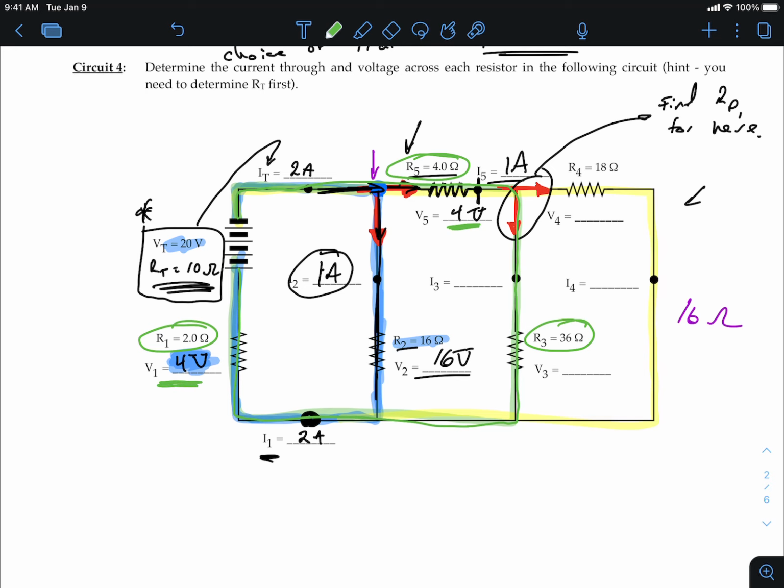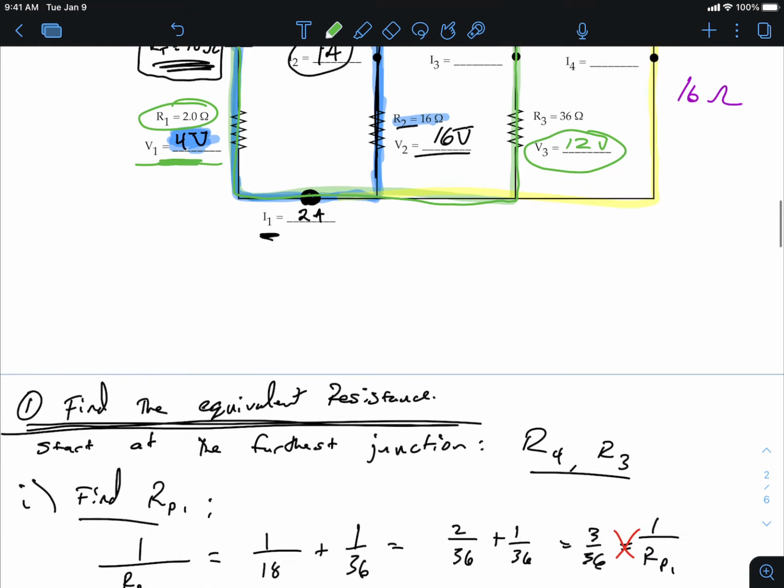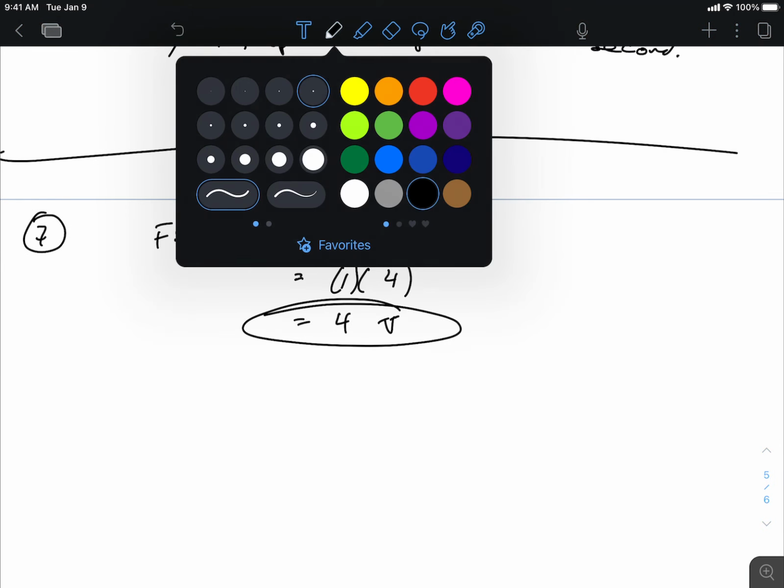But I know I have to lose all 20 volts that I started with, right? Well, that must mean that if I lose 4 volts at V1 and 4 volts at V5, V3 must be 12 volts, right? Because 12 plus 4 plus 4 is the 20 that I'm looking to get rid of. Okay, I'll put that into words.